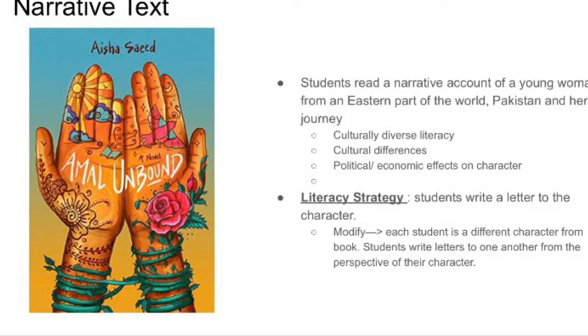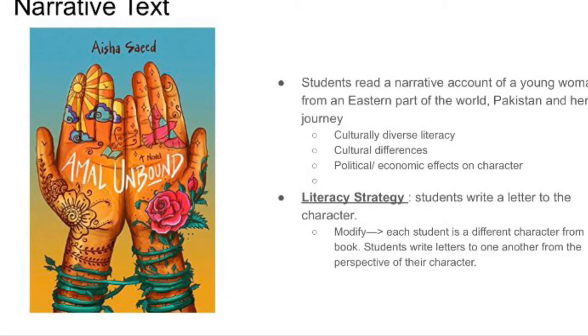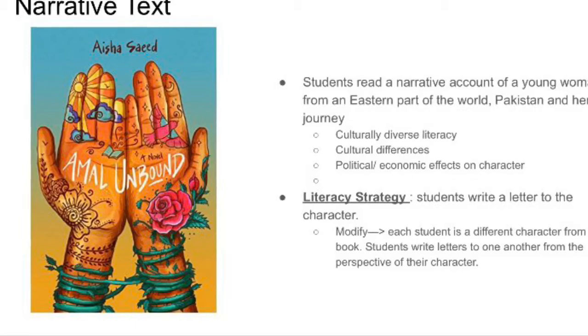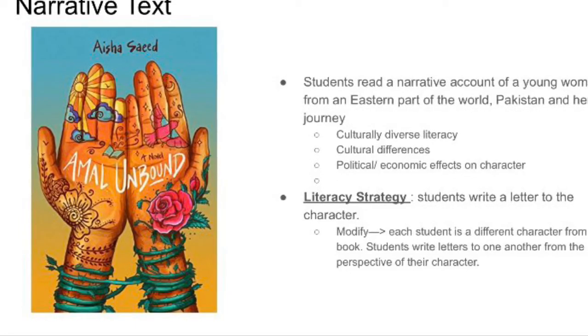The literacy strategy recommended for this book is that students can write a letter to the character in this book using skills that they have learned previously or can learn through doing this activity.